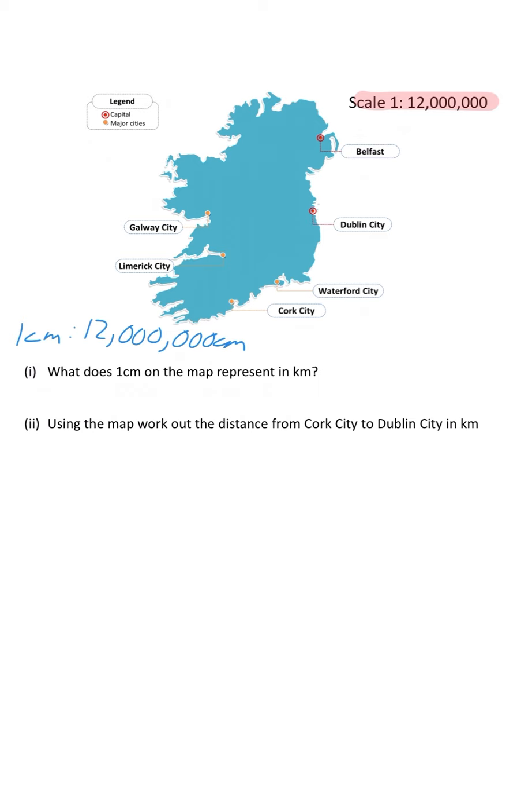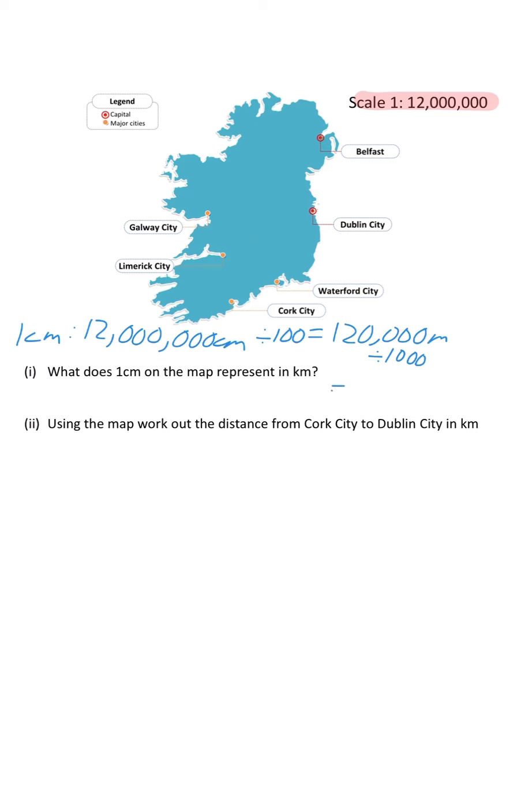Okay, so the first thing I'm going to do, I'm going to change that 12 million to meters. And I'm going to do that by dividing by 100, because there's 100 centimeters in a meter. So let's divide it by 100, and that'll become 120,000 meters. Now I want to change this to kilometers. So to go from meters to kilometers, I'll divide by 1,000.